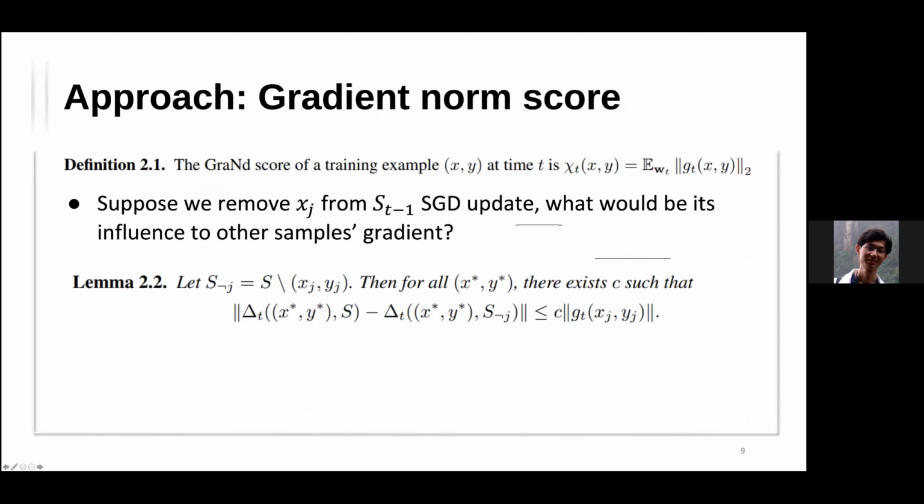Since we want to approximate the influence of removing one sample on the other gradients, and here we say we can calculate the gradient norm score, which is basically g_t(x_j, y_j), isn't that simple to calculate? So why do I think calculating this is complicated?